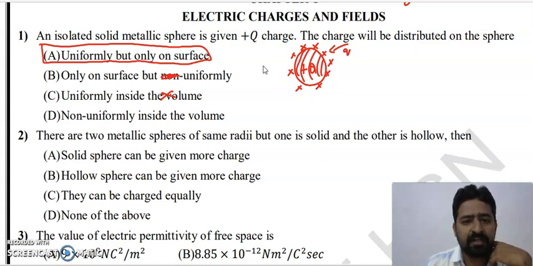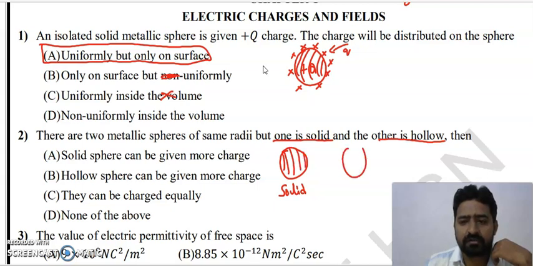There are two metallic spheres of the same radii, but one is solid and the other is hollow. This one is the solid, and the other one is hollow. Then what is the question asked?